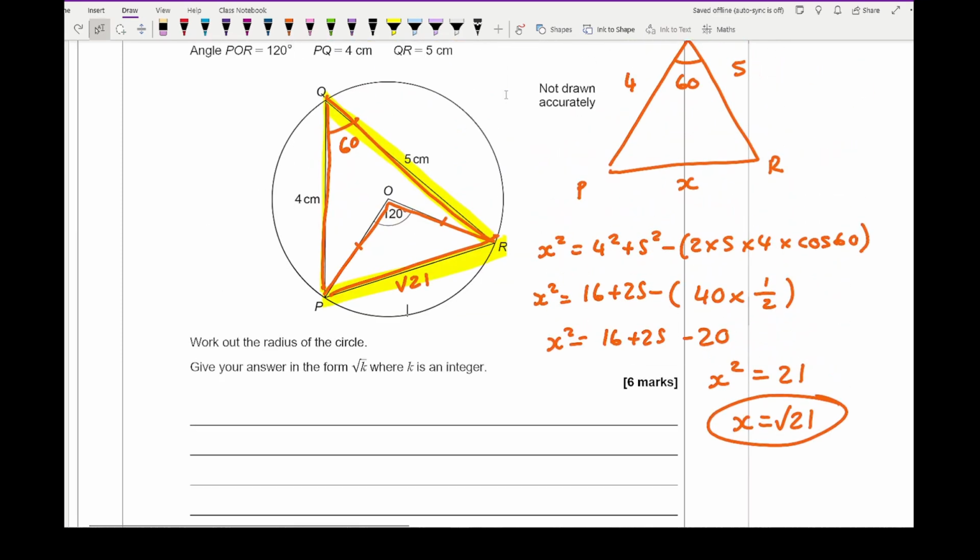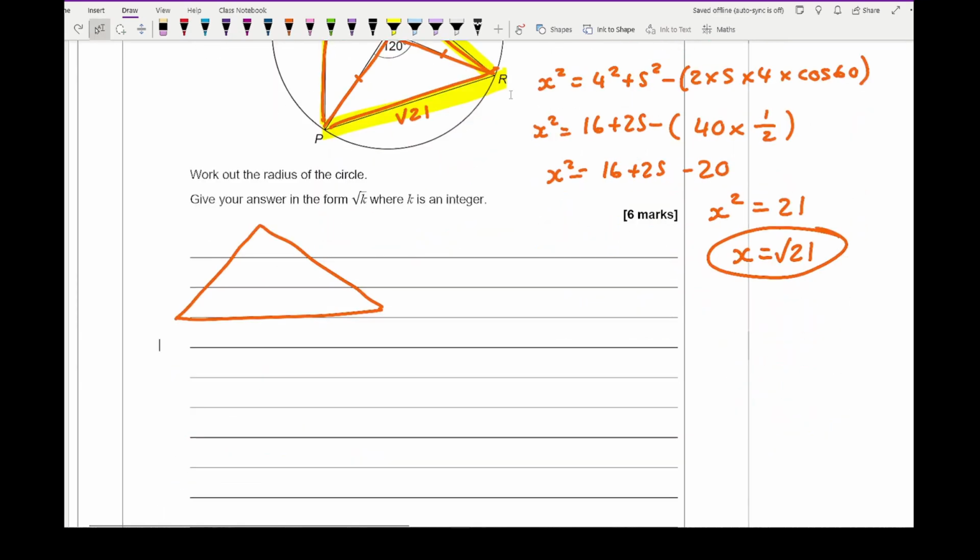Now if I take that second triangle, like so, this is a really poor diagram, I know that this is P, this is O, and this is R. I know this length here is root 21. I know it's an isosceles triangle. I also know that this angle here is 120. So if I split this in half, this then becomes a right angle triangle. This angle here becomes 60, and this length here becomes root 21 divided by 2.